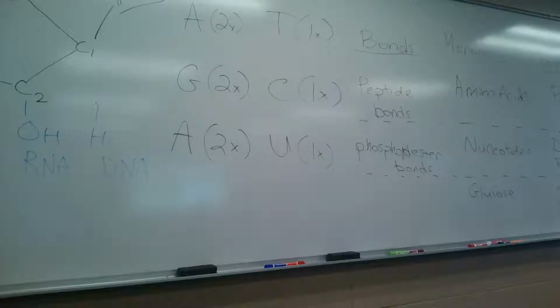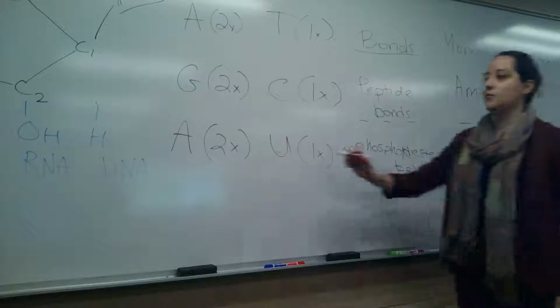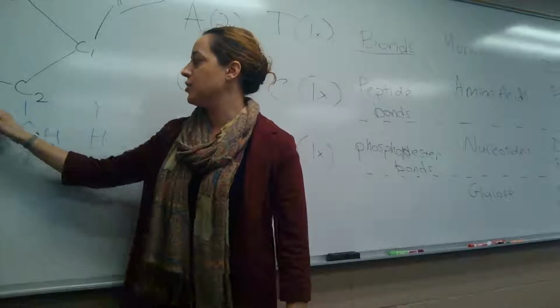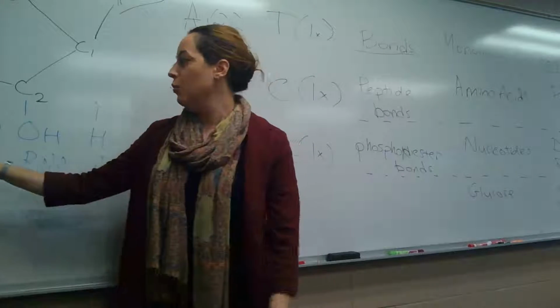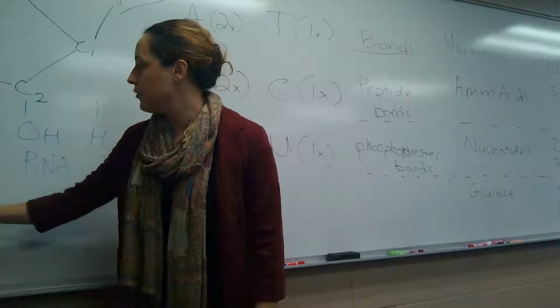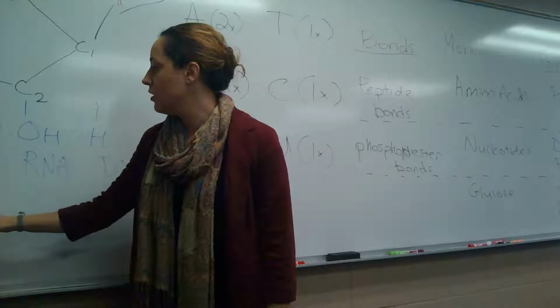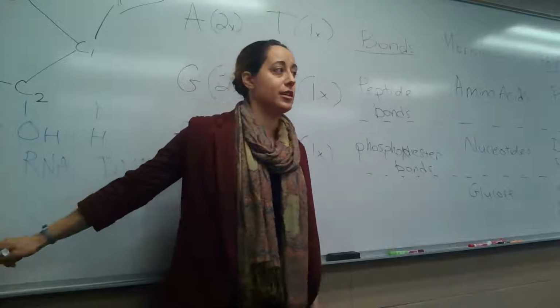So remember again, we're talking about covalent bonds, which means the sharing of electrons. And the sharing of electrons is going to come from the oxygen on this hydroxyl group. So this guy is going to share electrons with a phosphate group from the next nucleotide.